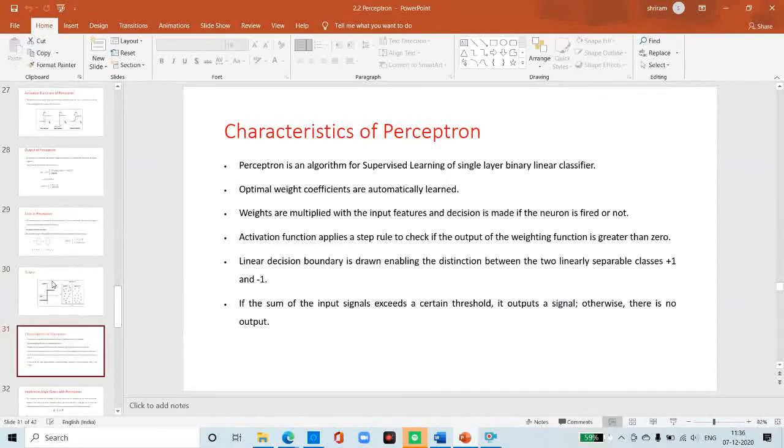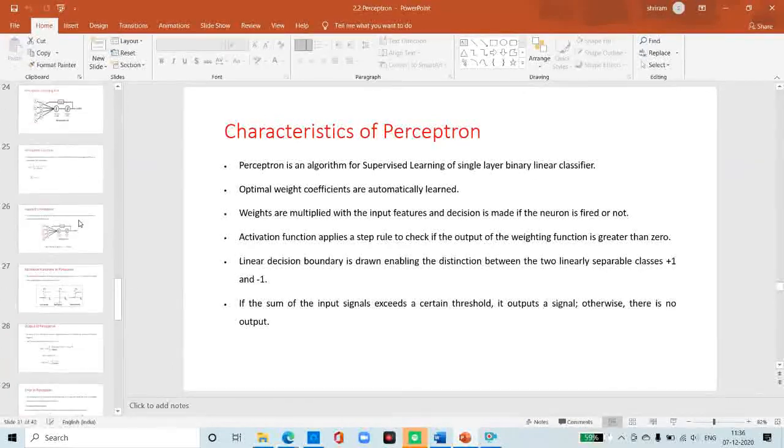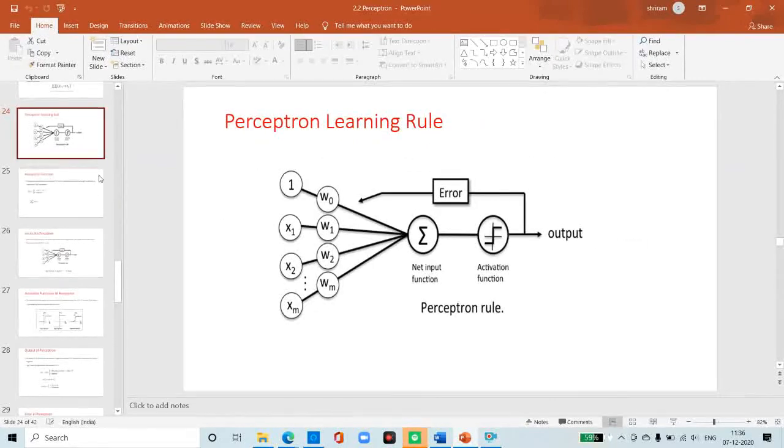Next, the perceptron has some characteristics. So these are some characteristics of a perceptron. The first point is that a perceptron is an algorithm for the supervised learning of single layer binary linear classification. So in the perceptron we are using the binary classification problem.